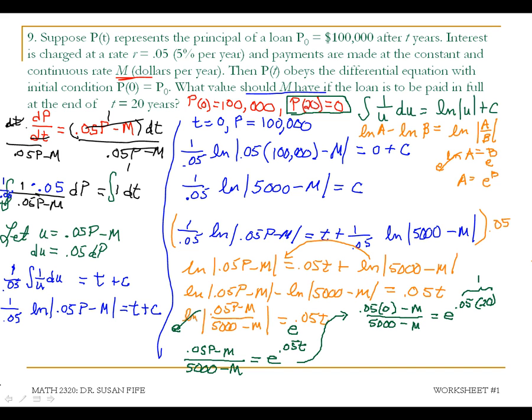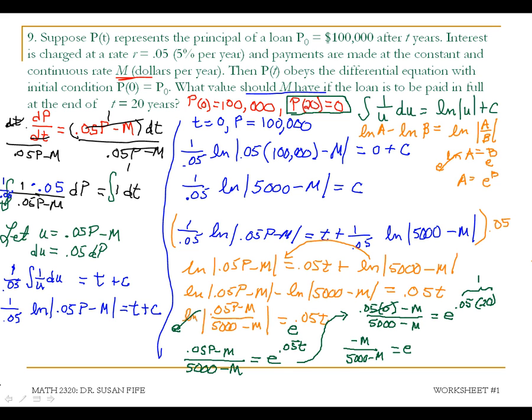So on the right side I just have e. And on the left side this term drops out. So I'm left with negative m over 5,000 minus m is equal to e.